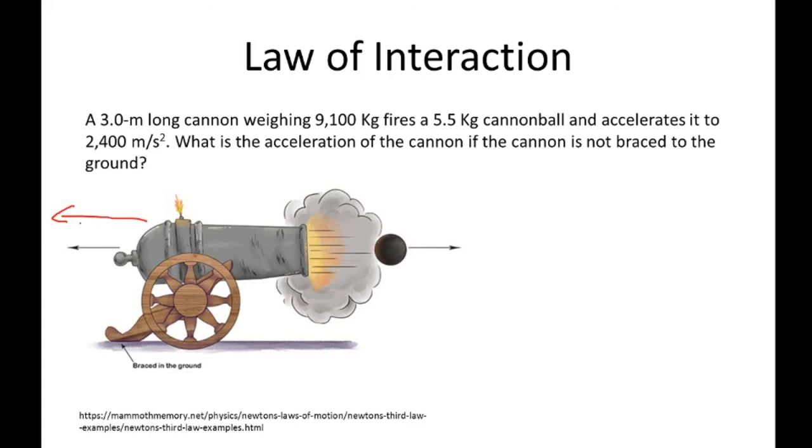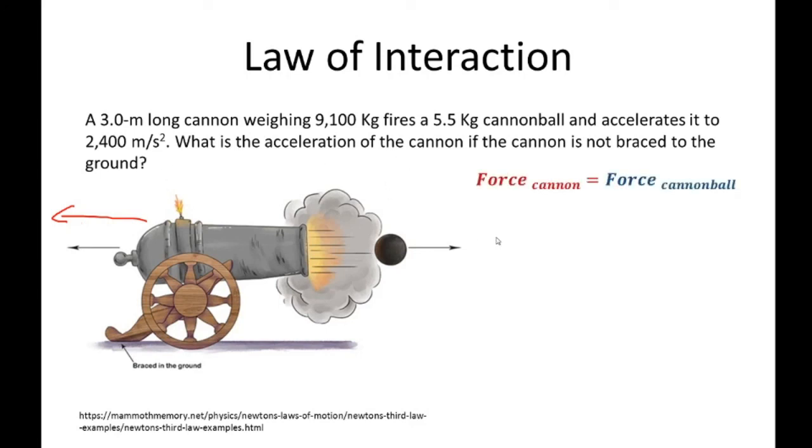In guns we call it recoil. In the cannon, it is still recoil, and the result is it will be moved backward. With the mass of the cannon, I don't think it is a good idea to not brace the cannon.